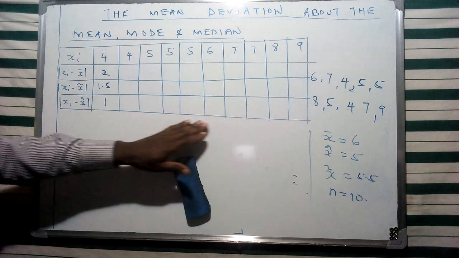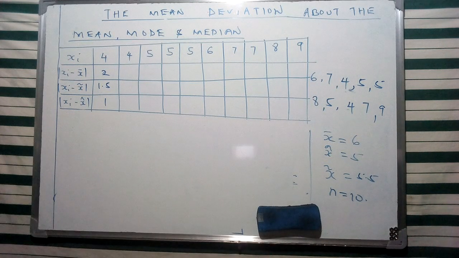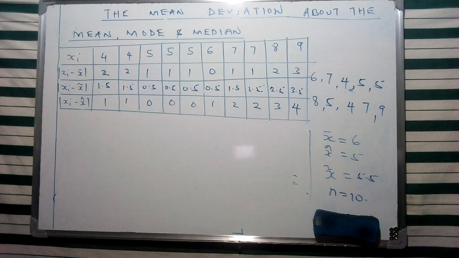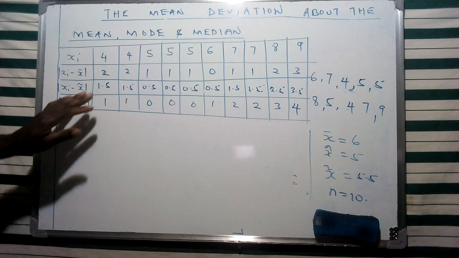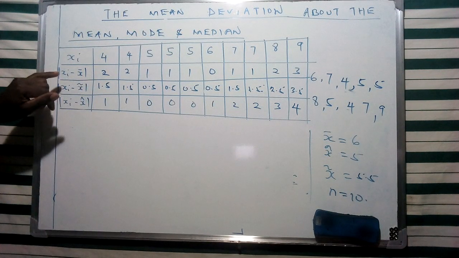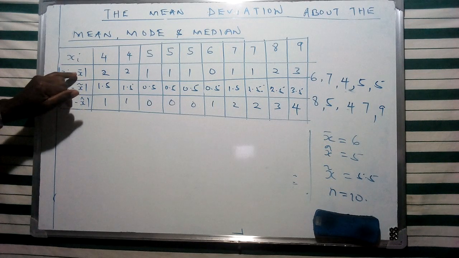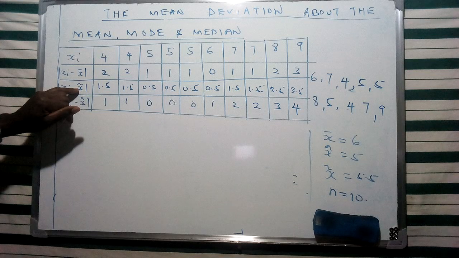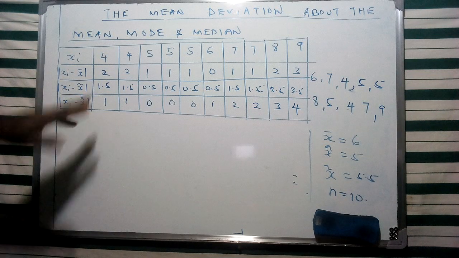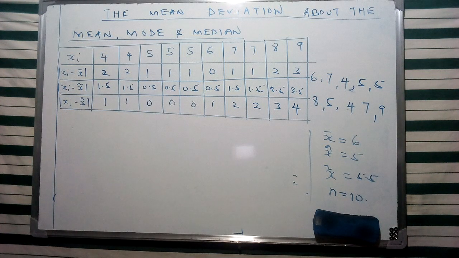So I'm going to fill this table using that particular procedure, and then we shall proceed from there. We shall have a distribution showing the various differences between each observation and the averages: the mean, the mode and the median.